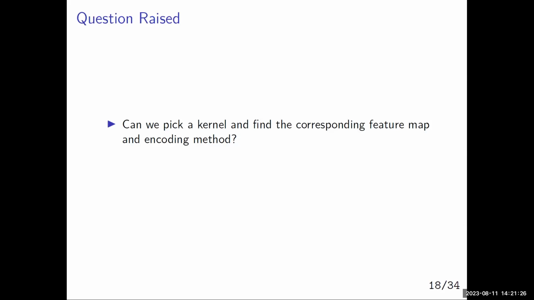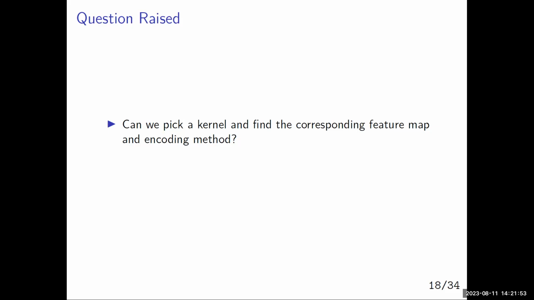Now we basically want to ask, it's quite easy to have a kernel function, but it's not so easy to just have a kernel function and know which feature map and encoding method would give us that kernel function. So in the support vector machine example we had, we used a Gaussian kernel to map the center up and the blue ones at the bottom outside.